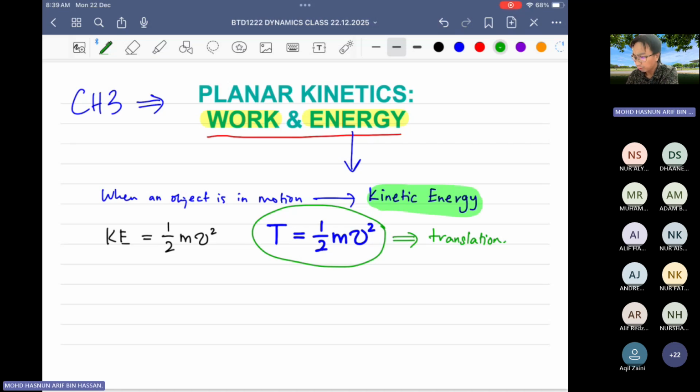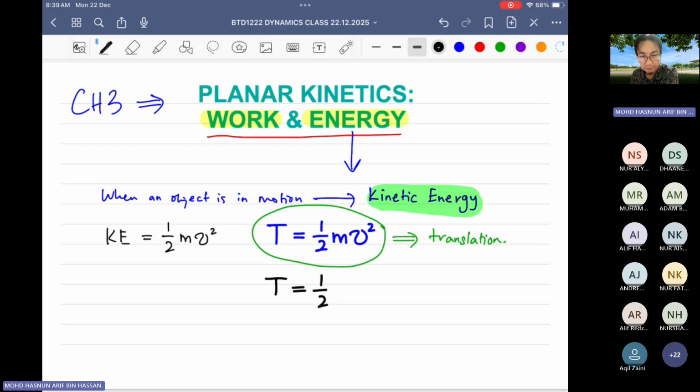So the actual kinetic energy formula does not only involve translation. We have another term, where T is equal to 1/2.